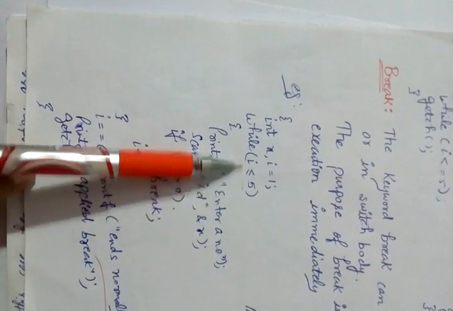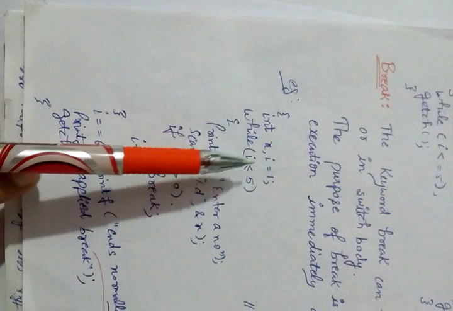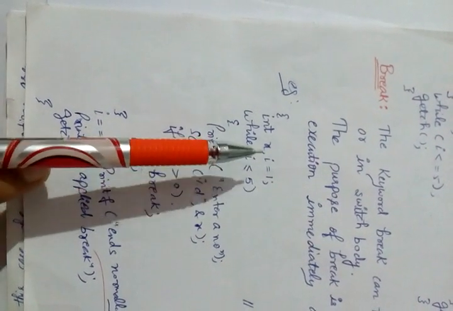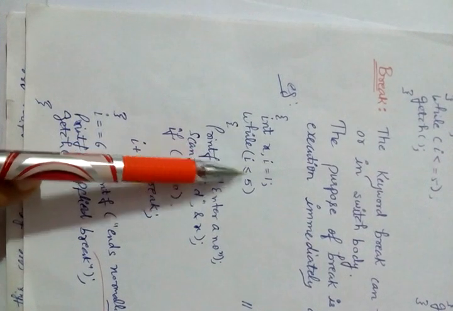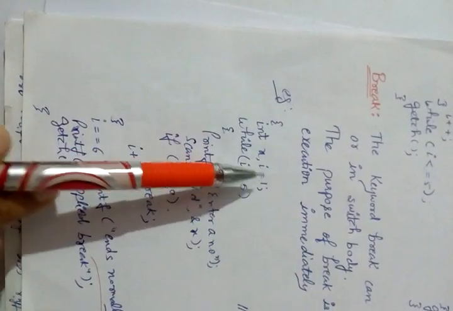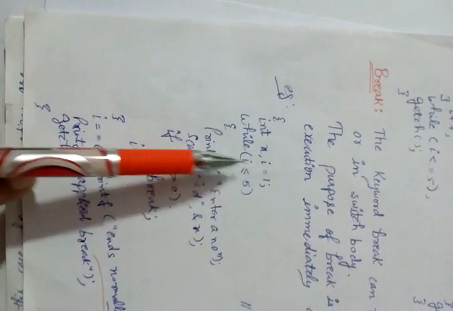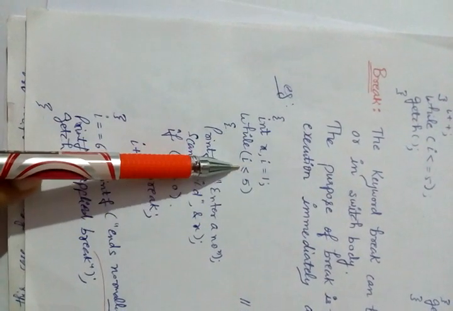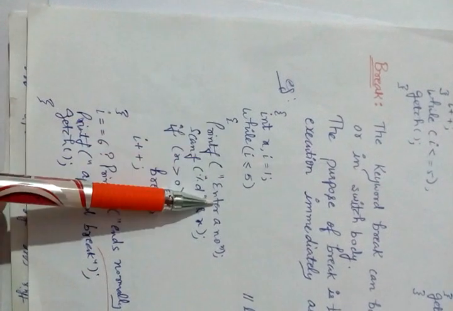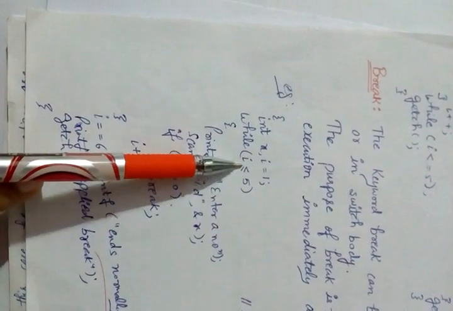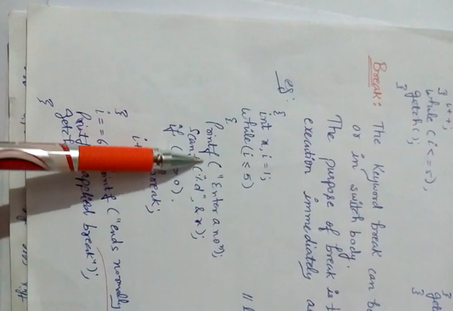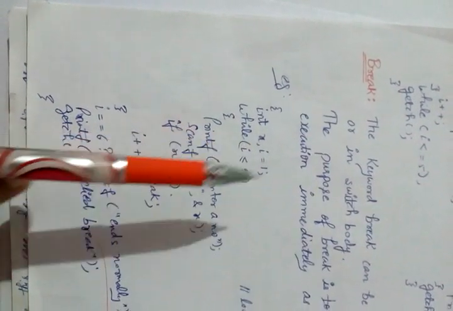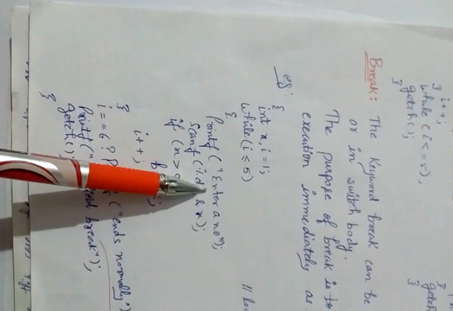We know very well what it says, that the loop will repeat 5 times with this code, because the value is less than or equal to 5 and it is equal to 1 initially. So first 1 less than or equal to 5, true, so it will print, then 2 will get printed, 3 will get printed, 4, 5 will get printed.